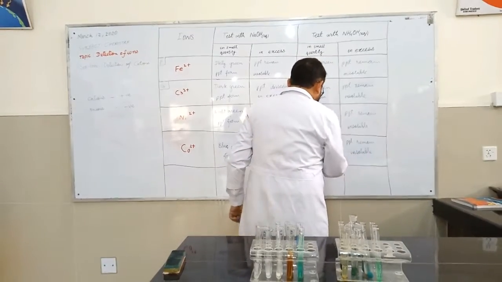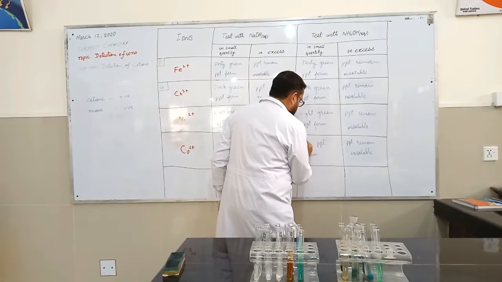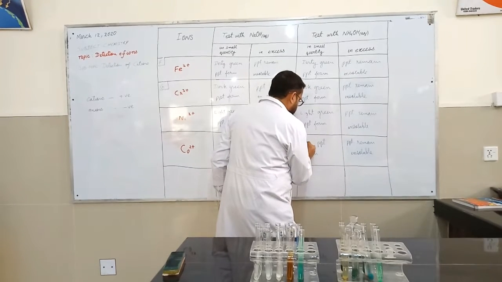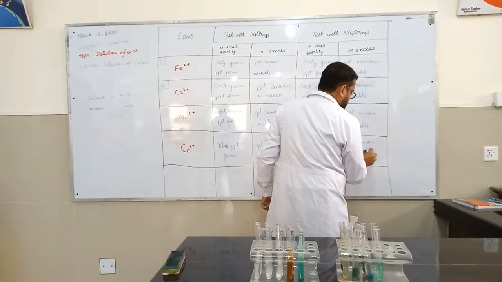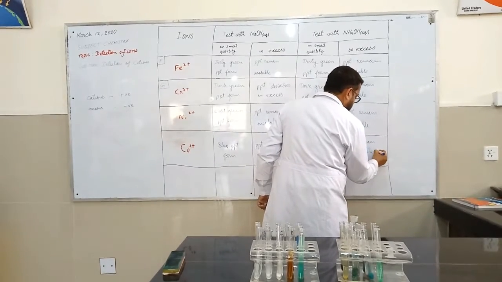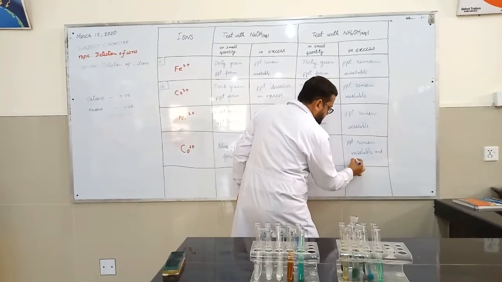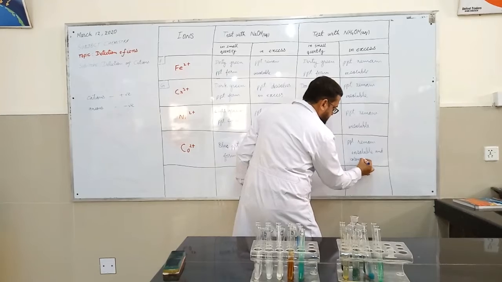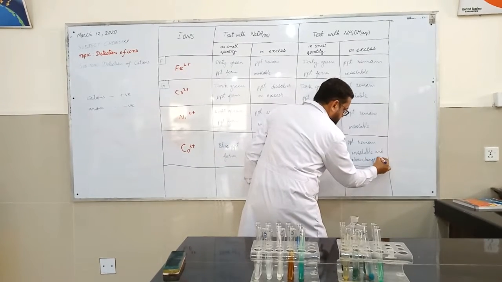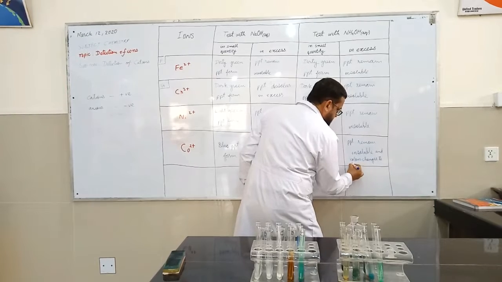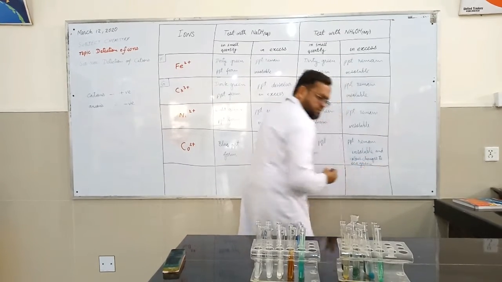With ammonium hydroxide, blue precipitate forms and the precipitate remains insoluble, and the color changes to sea green.